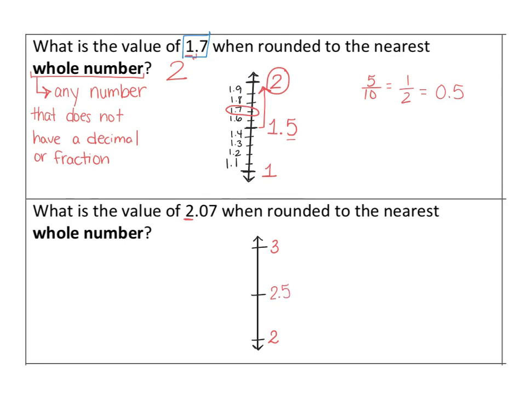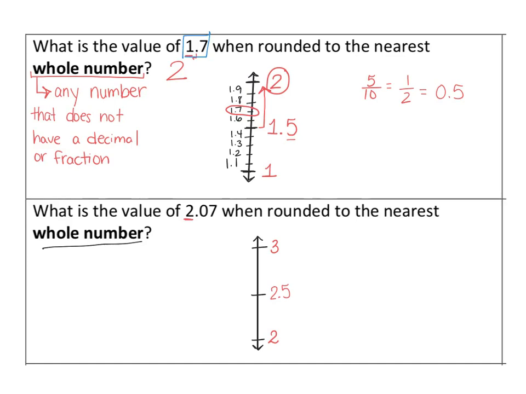All right, now we're looking at 2 7/100. We just have our tenths here, because this is a whole number and this has a tenth. If it's a whole number, everything behind the decimal is zeros, but we don't write that because we're just rounding to a whole number.